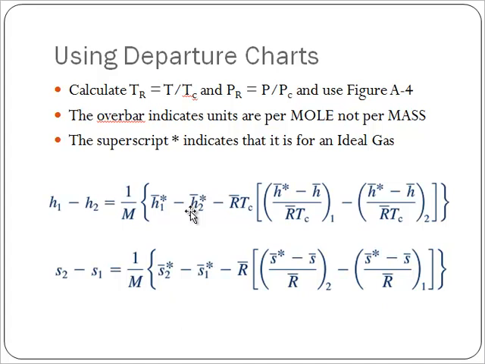So C sub P delta T if it's constant C sub P, using the integral of C sub P dT if it's not constant C sub P. And then these are my departure functions. These are the values I'm going to read in the chart. So the beginning, or state 1, whatever order I'm doing here, pay attention to that.